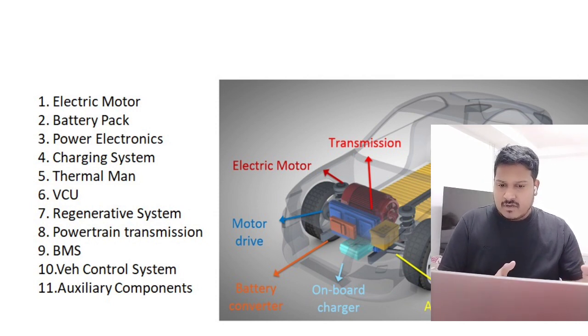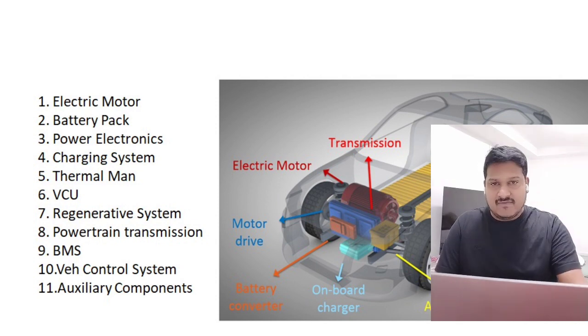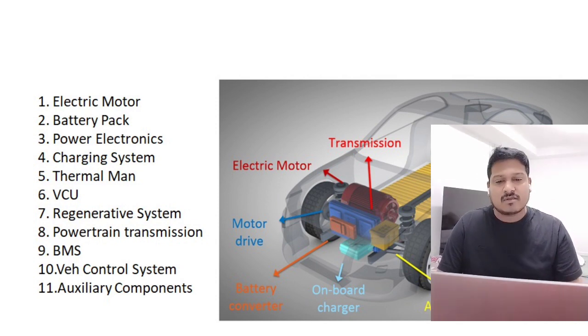After some 3-4 videos, if you look at any EV, you can really find out what the systems are. For example, you can easily find out where the BMS is. You can come to know how the powertrain looks in the EV or in the hybrid vehicle. That's the intention of this playlist and of our video as well.